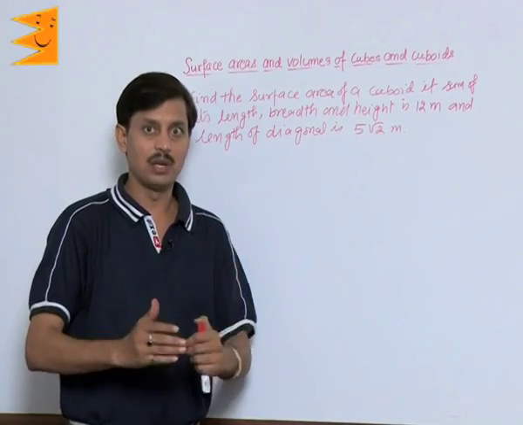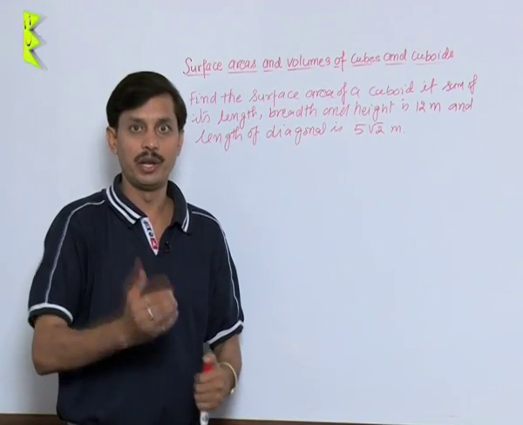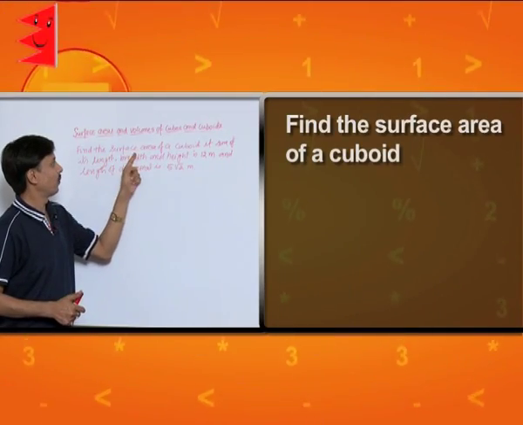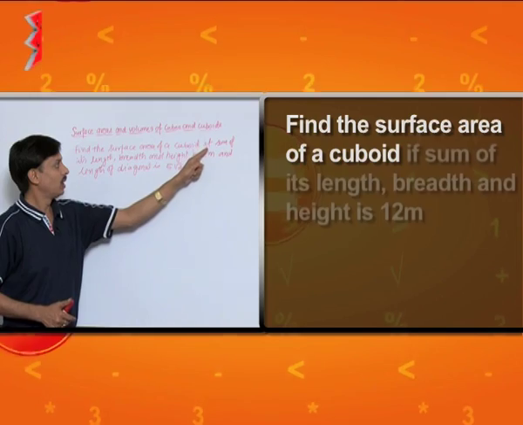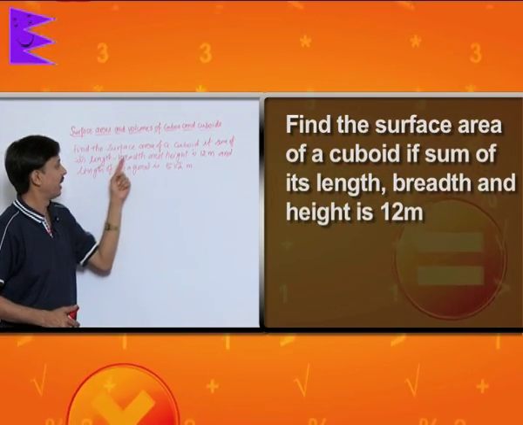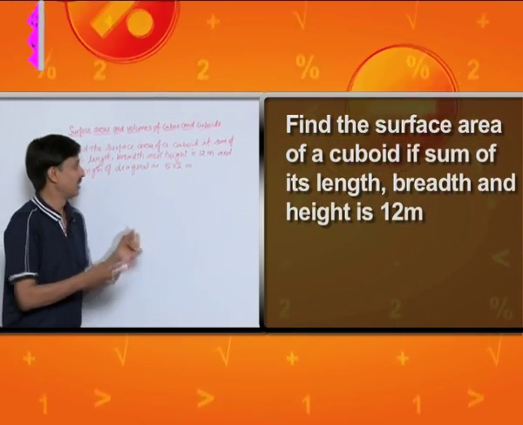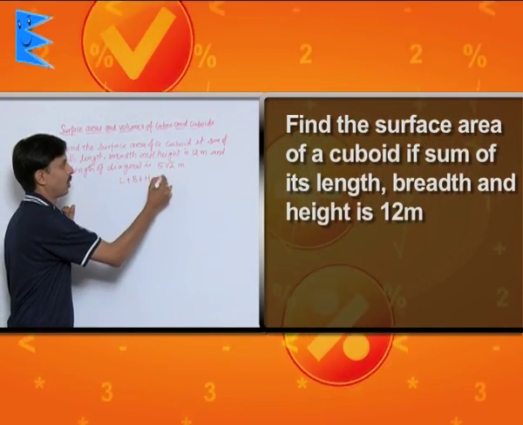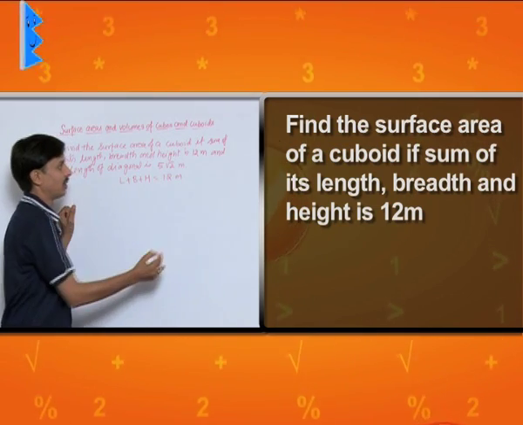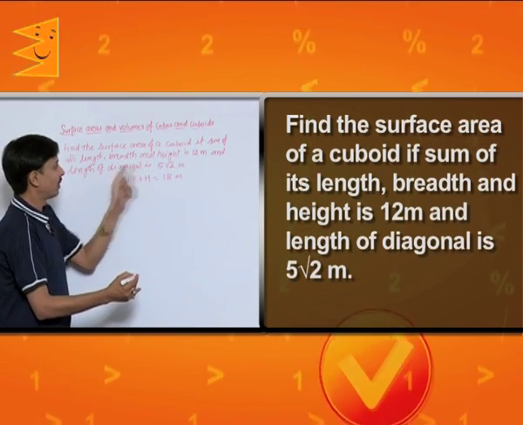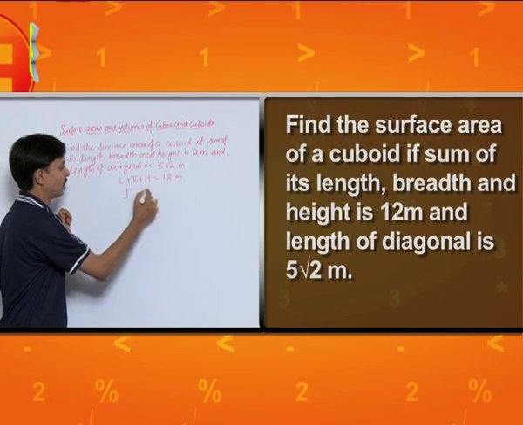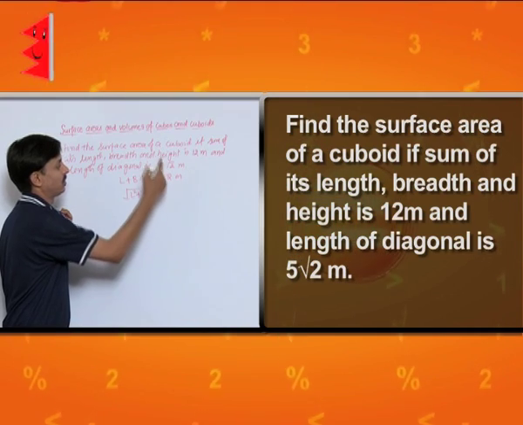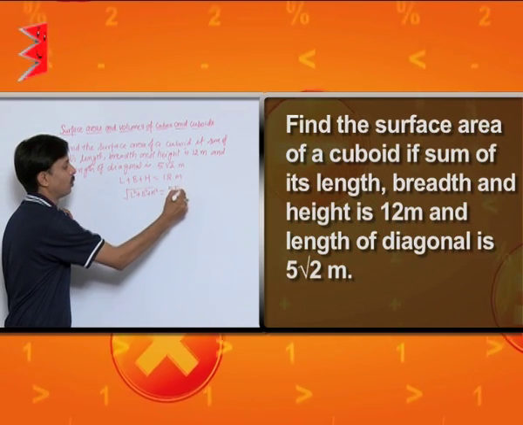Now, one of the very important questions related to the surface area of the cuboid. Find the surface area of a cuboid if the sum of length, breadth and height, that is L plus B plus H, for a cuboid is 12 meter, and the length of the diagonal, meaning root of L square plus B square plus H square, is given as 5 root 2 meter.